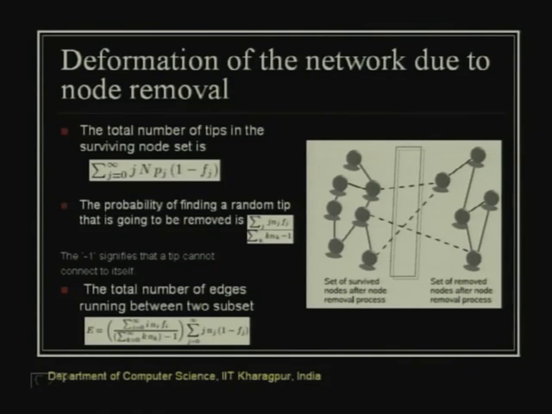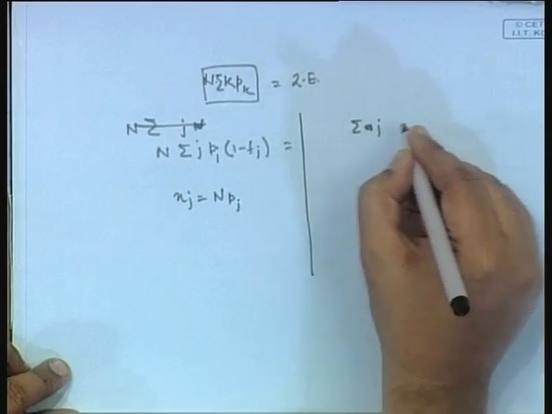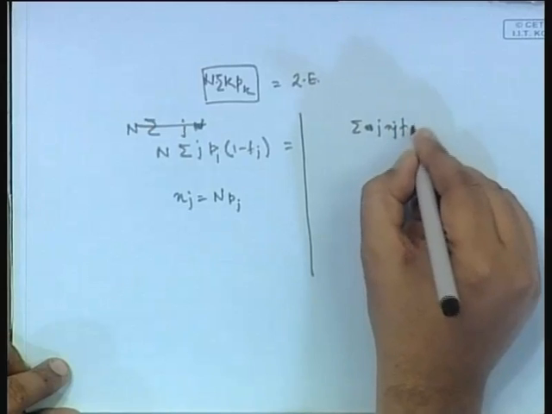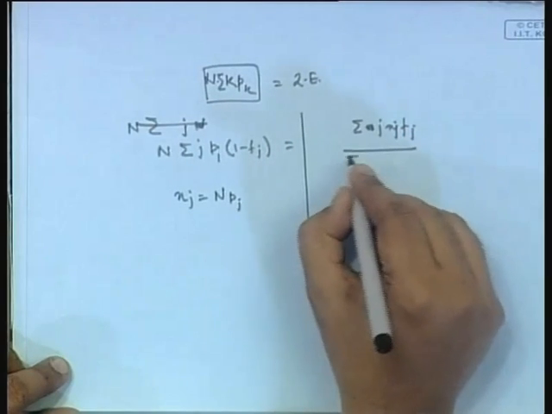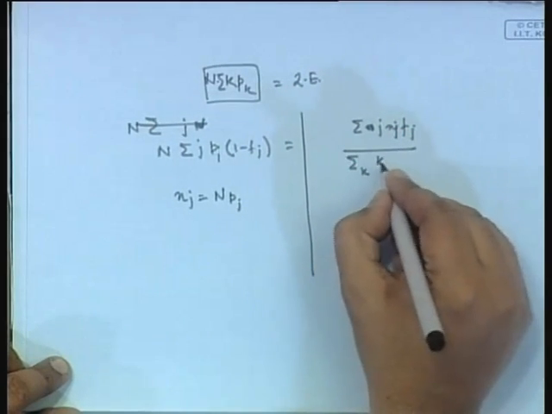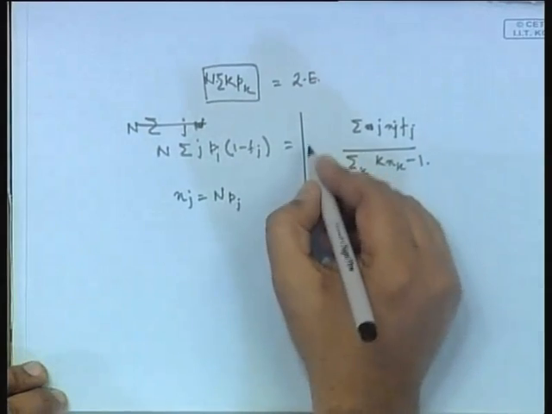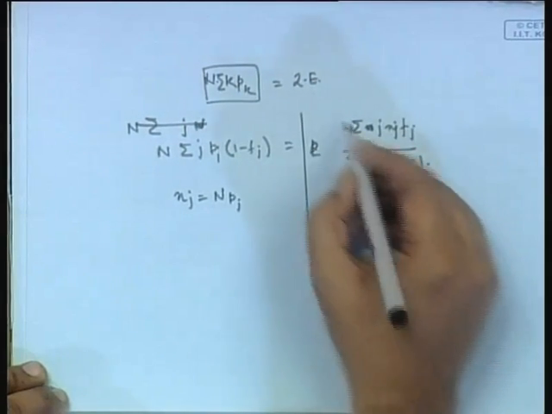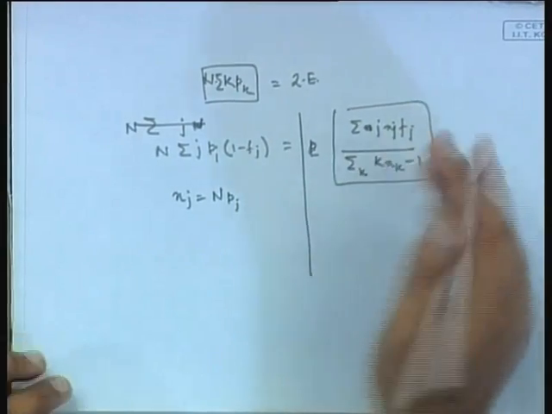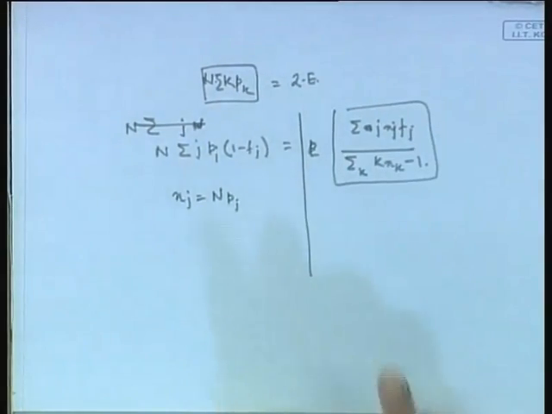So what is happening is summation of j n j fj by summation of k n k minus 1, multiplied with the surviving tips. First let us freeze this. What is this?